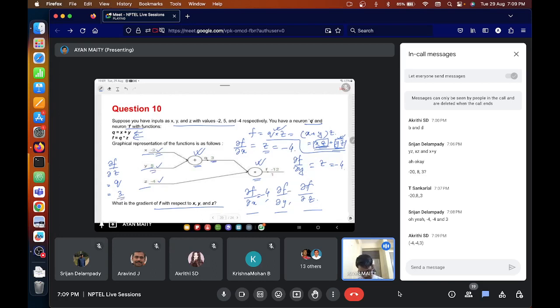So this is -4, this is -4, this is 3. So -4, -4, 3. These are the three correct answers. Yes, Region has corrected his answer. So -4, -4, 3, and Akriti has also written -4, -4, 3. So yeah, this is the only correct answer here.